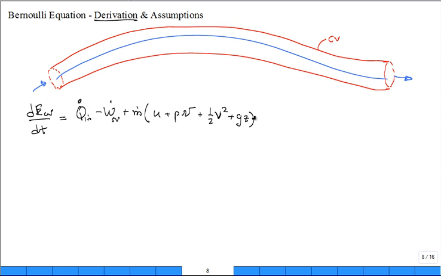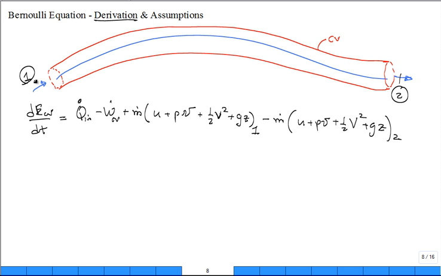That's all on the in. I'm going to call the in state 1. Minus the mass flow rate exit times u plus Pv plus 1/2 V squared plus gz, all on the exit state 2. State 2, state 1.